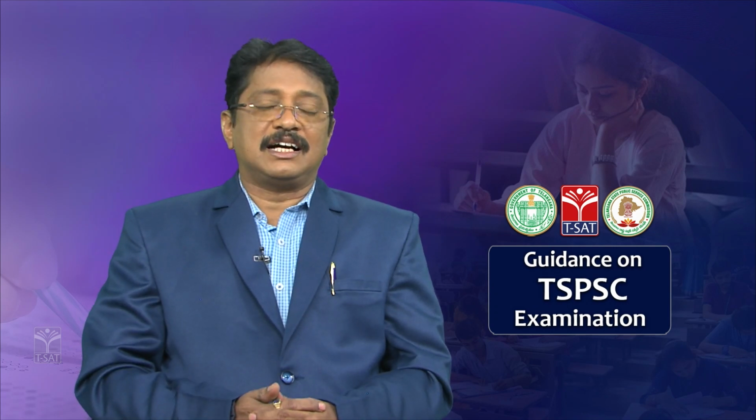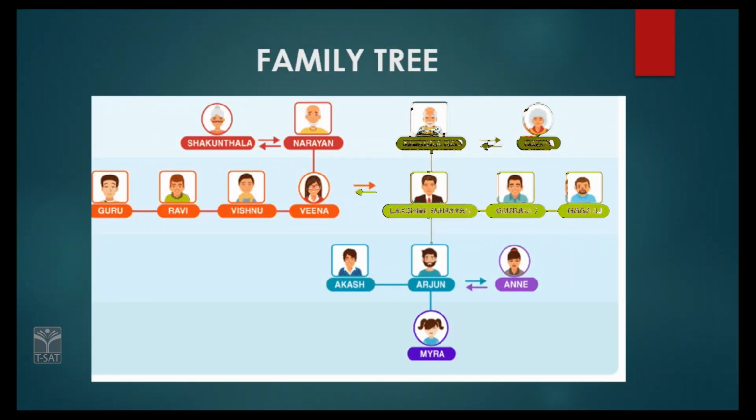Here I am giving one family tree. This is Shakuntala and Narayan, wife and husband, and they have 3 sons and 1 daughter: Guru, Ravi, Vishnu and Veena. Another family is Krishna Rao and Radha. They have 1 son, Lakshmi Narayan.